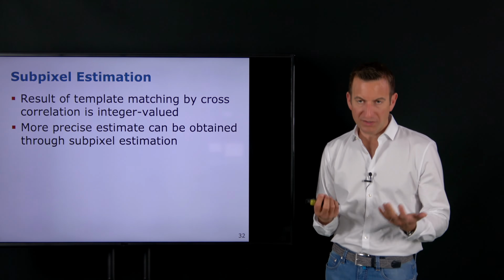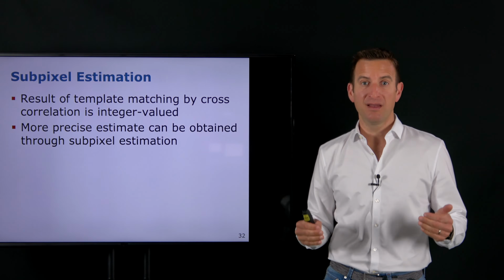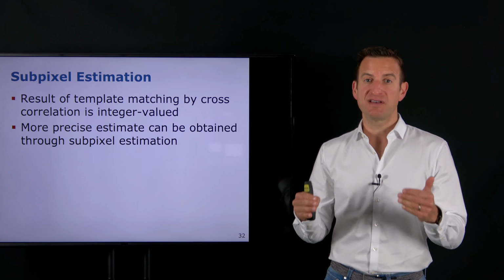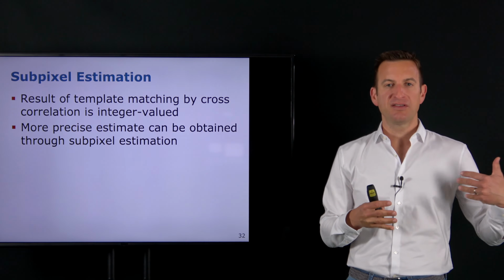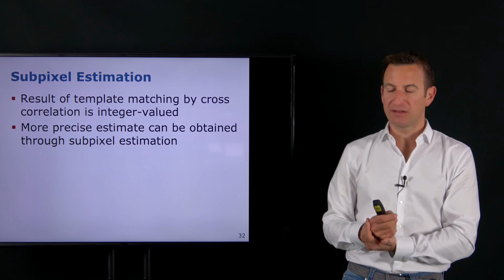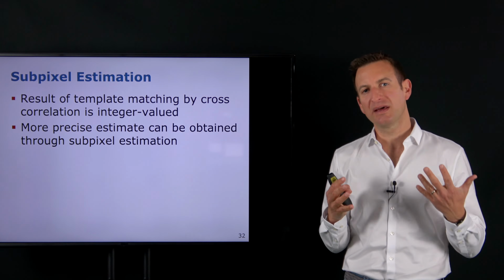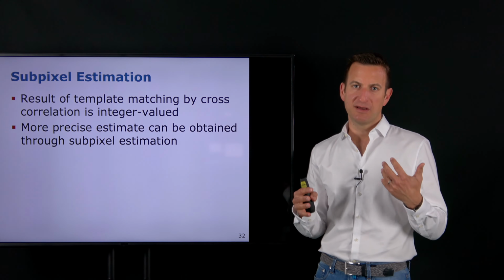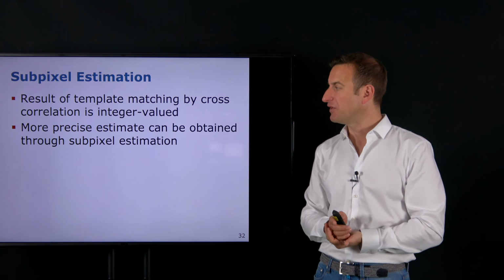What we want to avoid is these integer-valued possible shifts, saying I can only be shifted by 1 pixel or 2 or 3 or 4. I want to be able to say this template has been shifted by 7.3 pixels, for example. We can obtain that by not only taking into account shifts that happen at pixel level, but going into sub-pixel estimation. For that, we need to take into account that the templates and the images we have actually come from a continuous light intensity function, which we just sampled at some distinct locations.